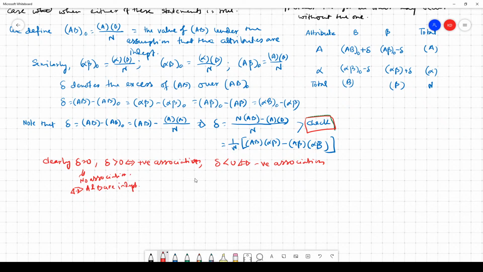So from this we can conclude that this delta determines uniquely the departure from independence.